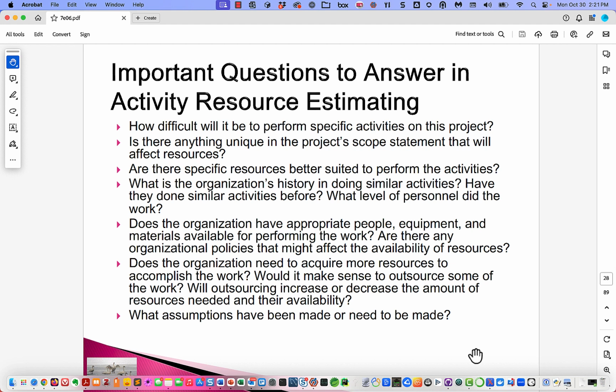Are there activities that can only be done by certain individual people? Also, are there limits to the number of people or machines or rooms or whatever that you need to stay within? So it can be challenging.